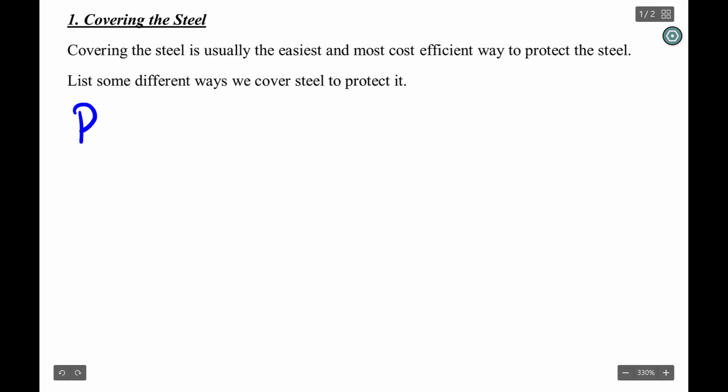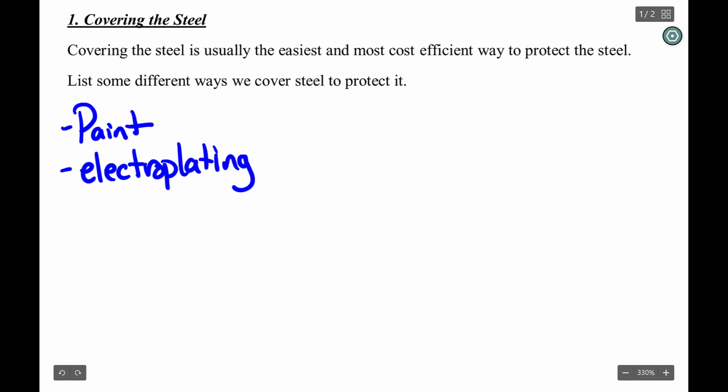So paint is probably the most popular, but also electroplating the iron with something else. Now, this is very cost ineffective when you're dealing with very, very large pieces of steel. So for instance, you wouldn't electroplate giant steel beams that hold up an overpass. It would just cost way too much.